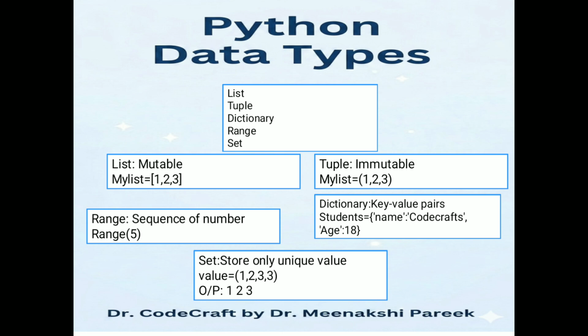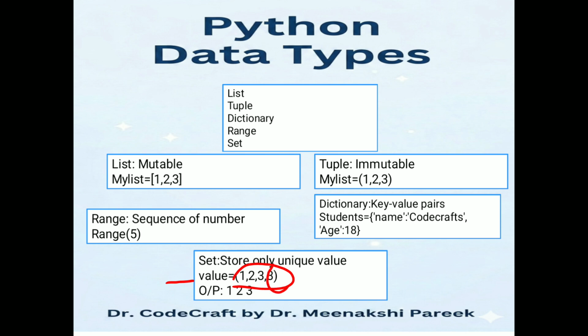The next is the set, which represents unique values and stores only unique values. In this example, the variable value is a set with 1, 2, 3 and 3 and 3. Here it stores only 1, 2, 3.